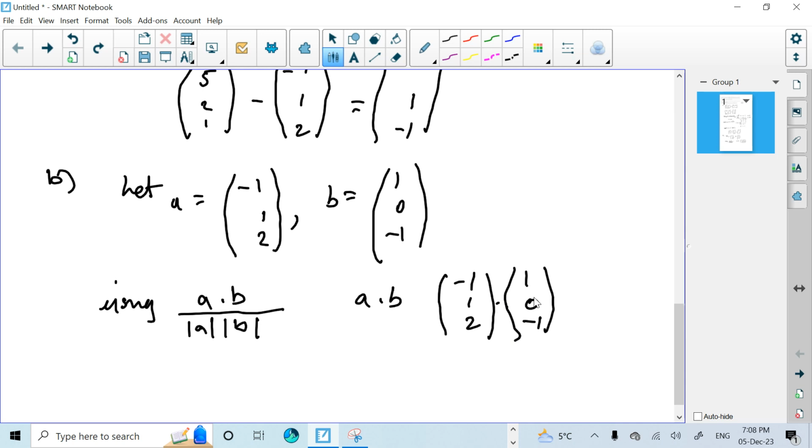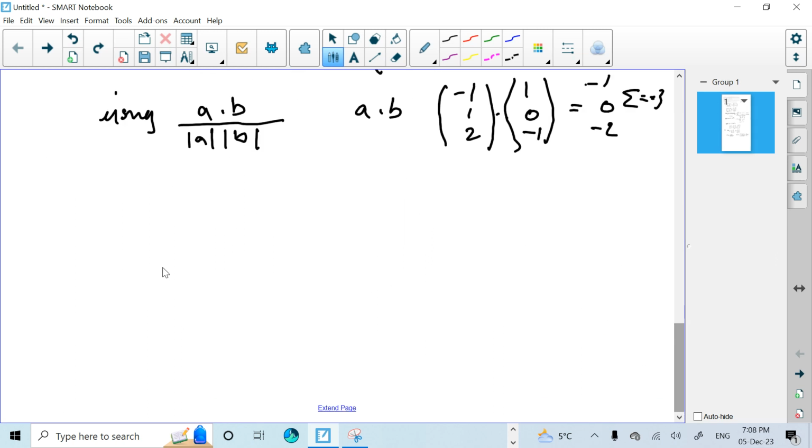And that gives us, of course, minus 1, 0 and minus 2, and all of that, if we add it up, gives us minus 3. So the sum is equal to negative 3.